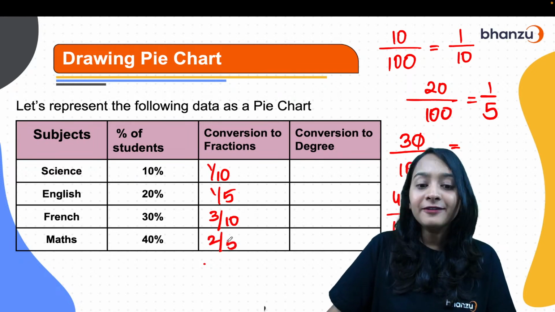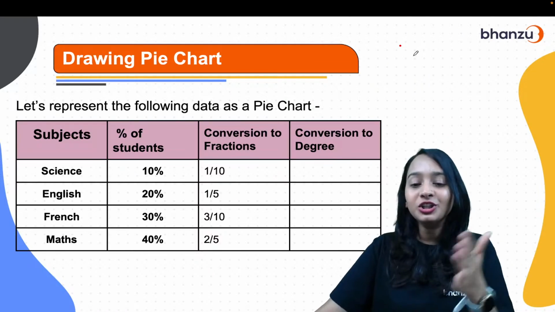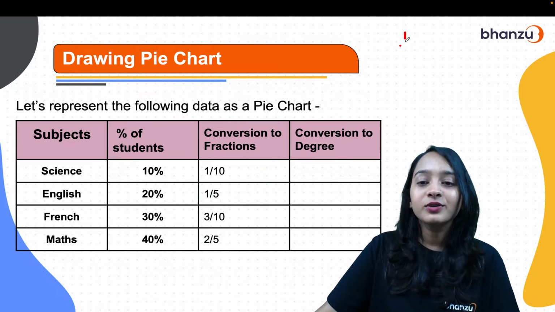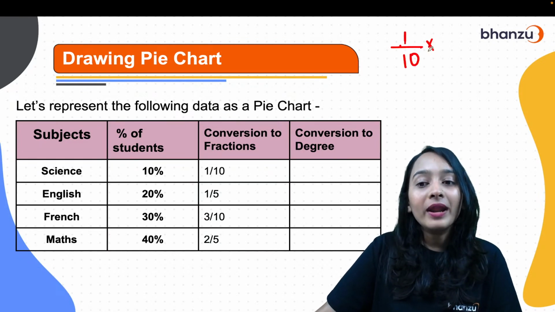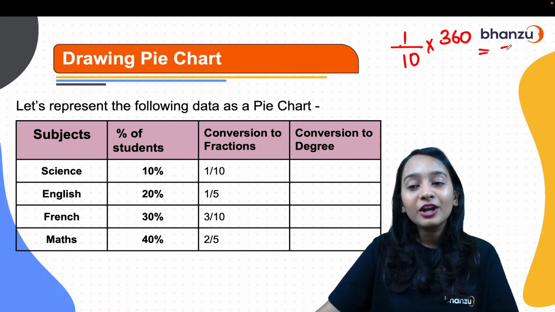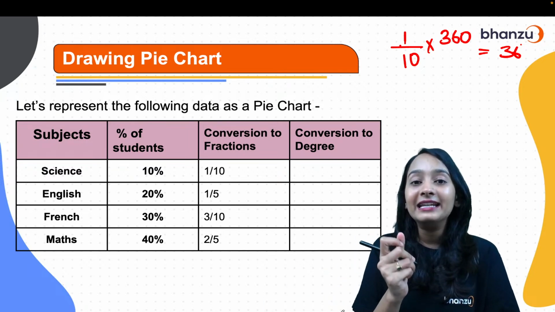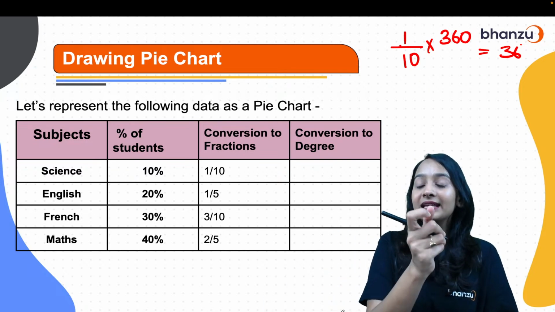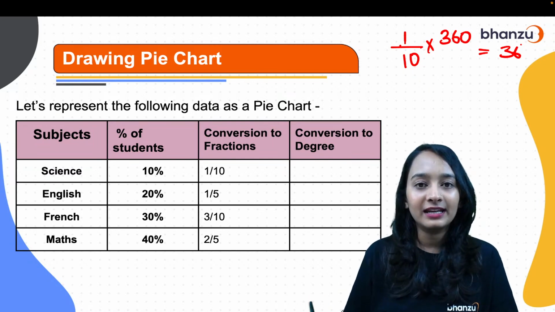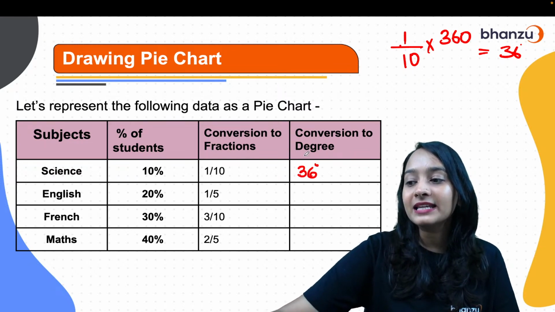So what did we just do here? We have converted percentages to fractions, and fractions to degrees by multiplying with the whole. So 1 by 10 when multiplied with 360 degrees gives 36 degrees, which is the angle representing the fraction 1 by 10, which is representing 10%. So the conversion to degrees here would be 36 degrees.